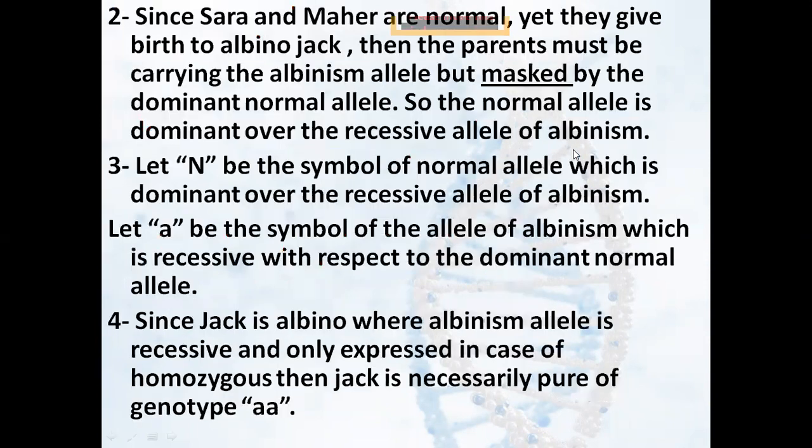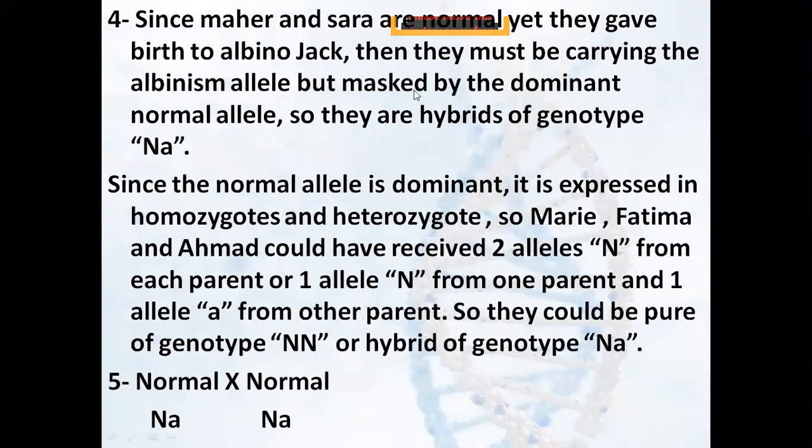So here he said, since Jack, part 4, is albino and the albinism is expressed only in recessive, Jack should be pure and homozygous, meaning it carries the allele of the disease in the recessive homozygous form, which is a small, a small. Maher and Sarah, they are normal.